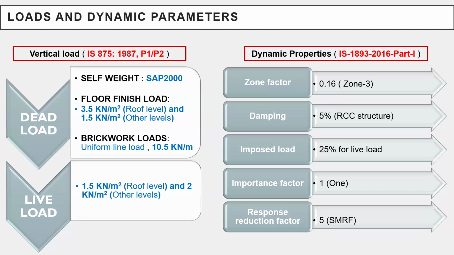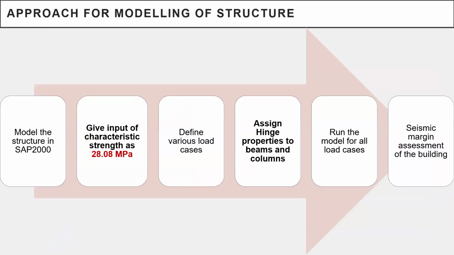The building is located in zone 3, so the zone factor is 0.16, and damping for RCC buildings is considered as 5%. The imposed live load is considered as 25% for seismic consideration. Importance factor is 1, and since it is a special moment resisting frame, we have considered a response reduction factor of 5.